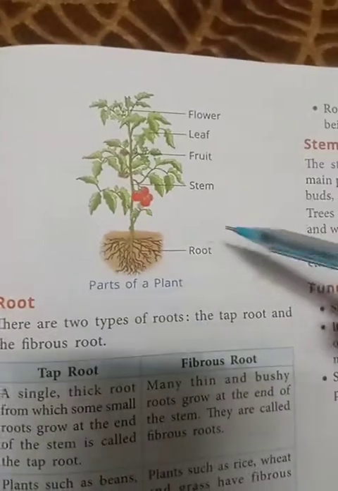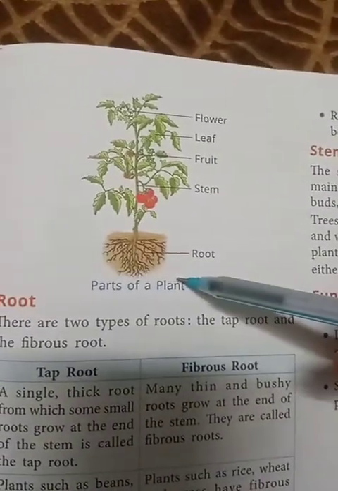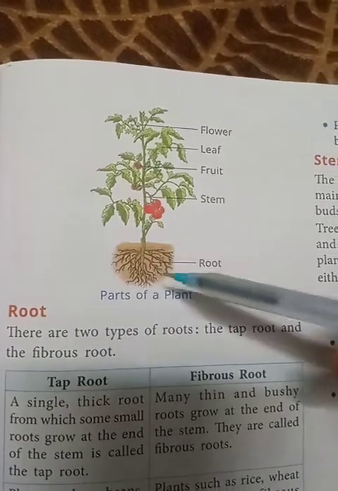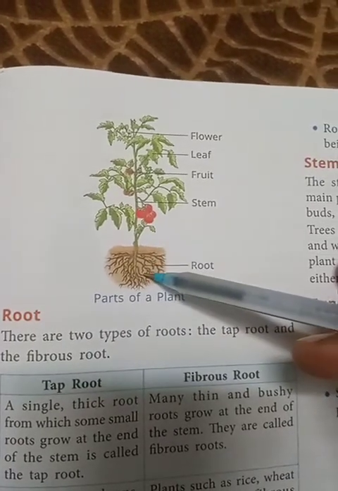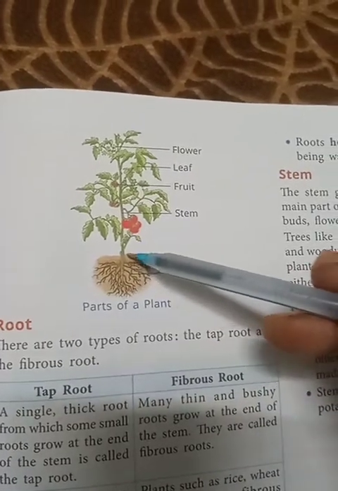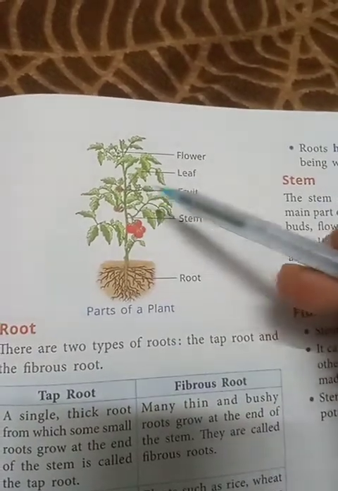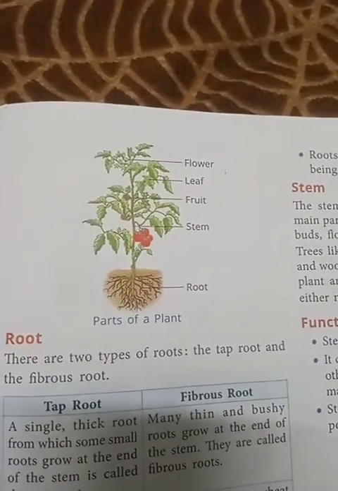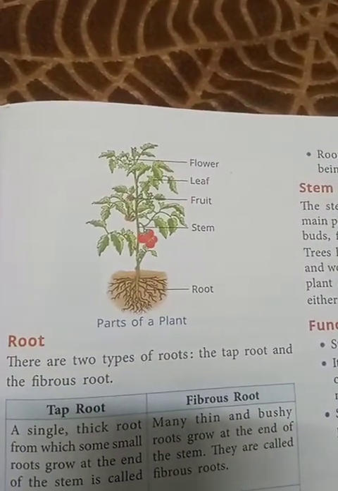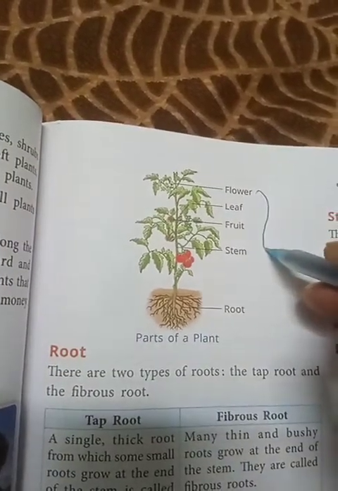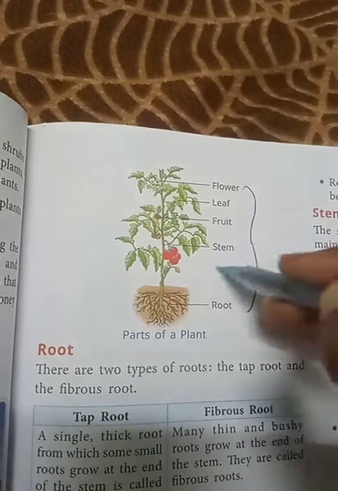Look at the diagram; from diagrams your doubts are clear. This part is the root. The part under the ground is called the root, and the part above the ground is called the shoot. This total part is the shoot.